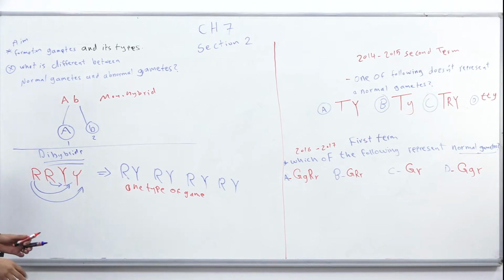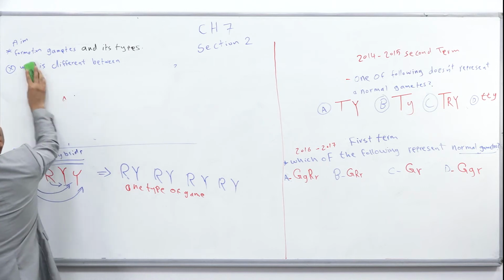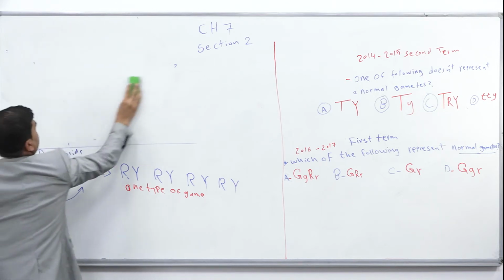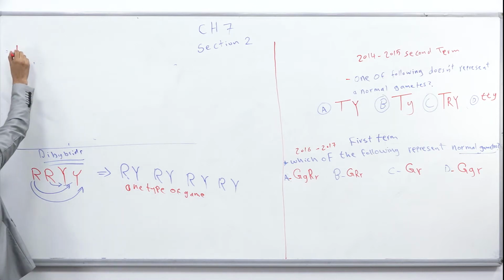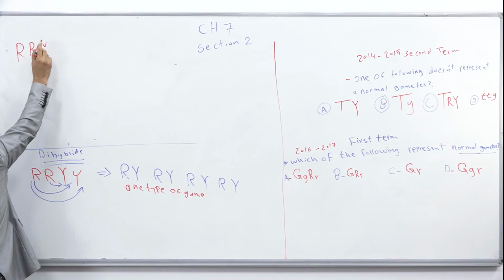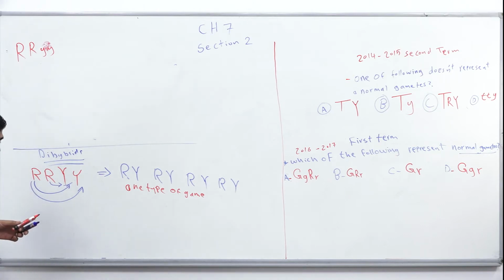Another example: R capital, R small, Y capital, or Y small. How many gametes are produced?